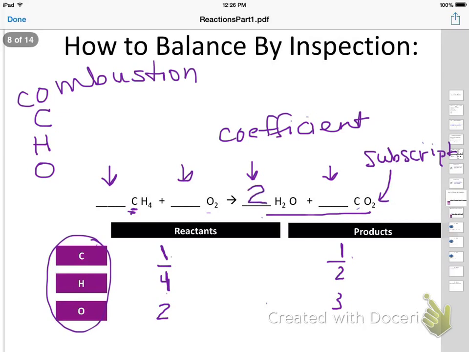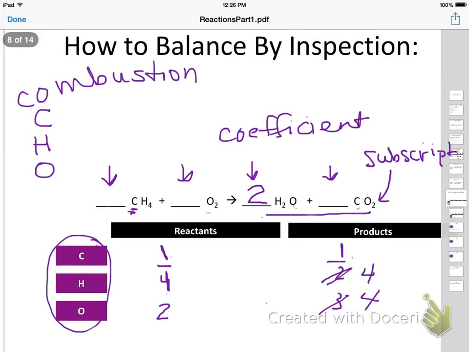Now if I put a 2 here, now I have 2 times 2 for a total of 4 hydrogens, right? Now notice what I also did there though. If you remember, this coefficient is going to multiply by the whole compound until we get to the plus sign. So not only do I have 4 hydrogens, but I also have 2 oxygens here for a total of 4 oxygens.